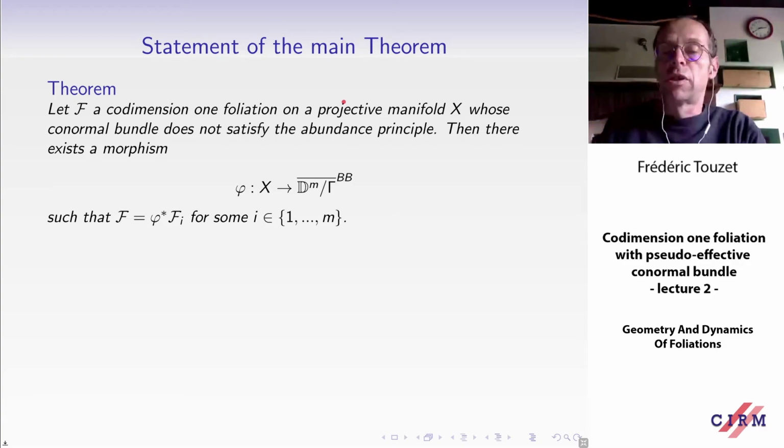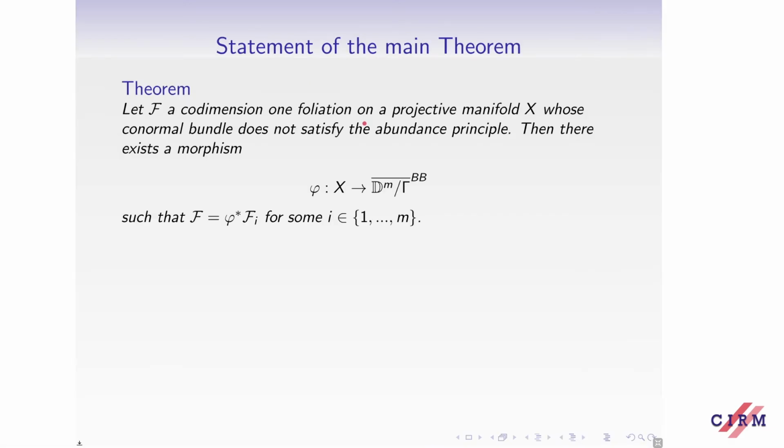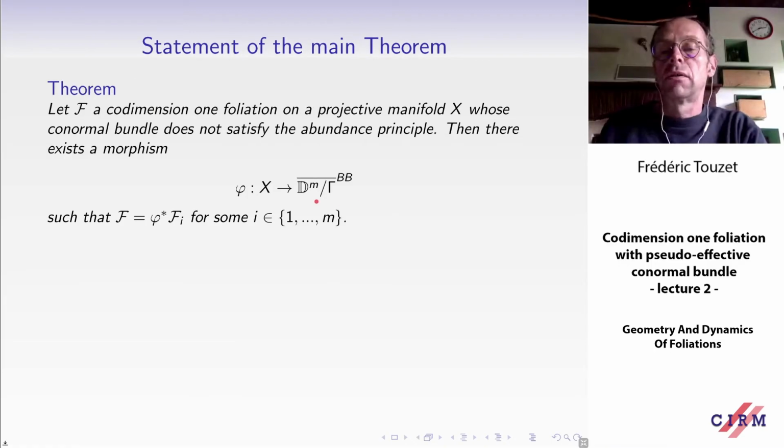So suppose that the conormal is pseudo-effective and has Kodaira dimension equal to minus infinity, then one can assert that there exists a morphism phi from X to the compactification of the quotient of the polydisc by a lattice, such that F is the pullback of one of the tautological foliations we have defined below.